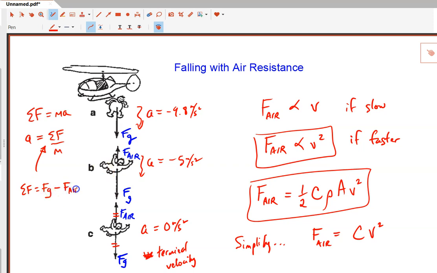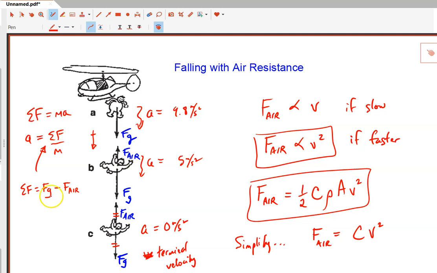So I'm going to make the air resistance force be negative. I'm going to assume that positive is going to be going downwards, all right? So that our acceleration values, instead of being, say, negative here, they're just going to be positive because we're simply going to consider positive to be down.